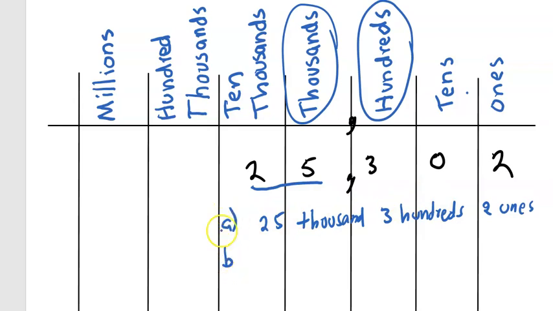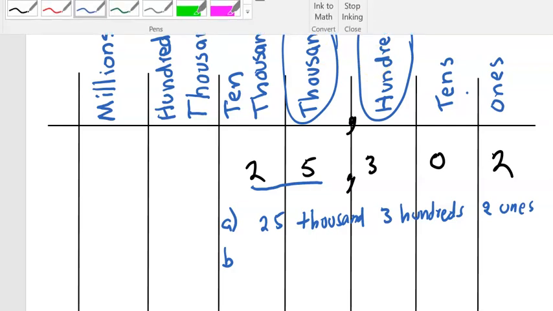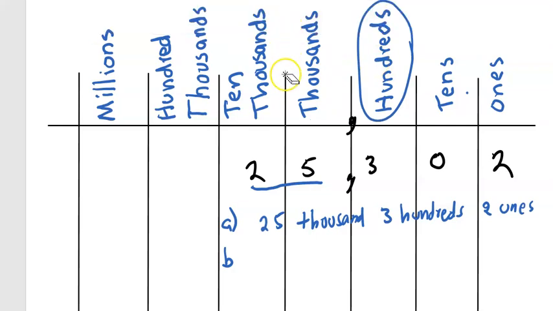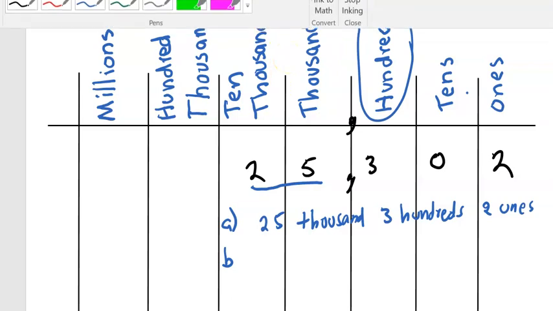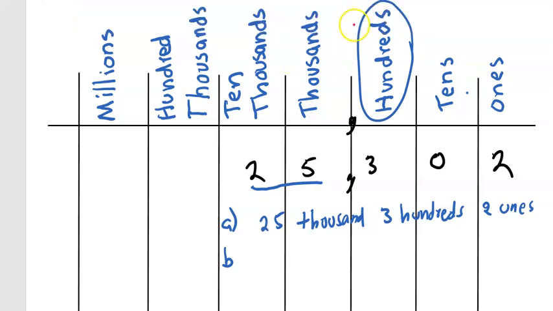So letter B says, okay, now there's no thousands, only hundreds this time. They only are going to allow us to use hundreds. So I have to kind of take off this part here. And this time I can only use the hundreds. So I have 25,302. That means I'm going to need 253 hundreds.